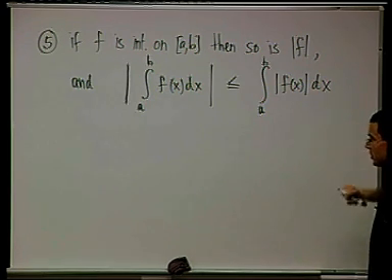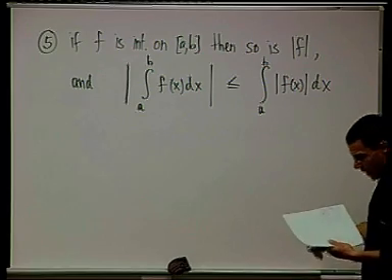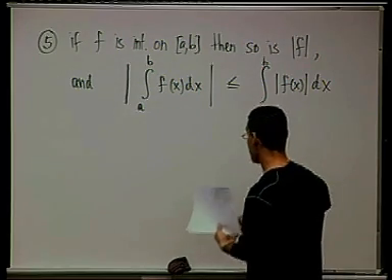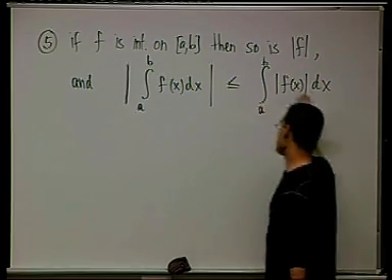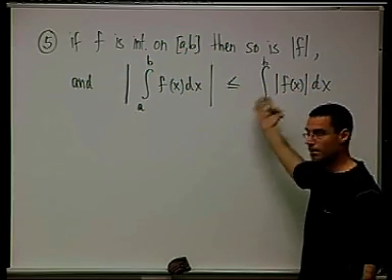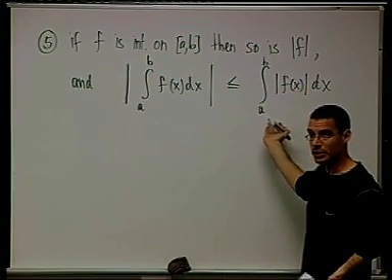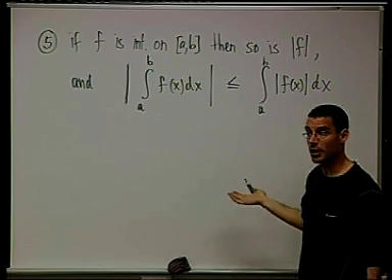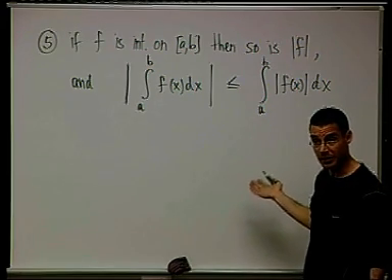Let's see why this is reasonable in terms of intuition. So, of course, if f is positive, there's going to be an equality here, and the statement is rather not interesting, right, for a positive function.